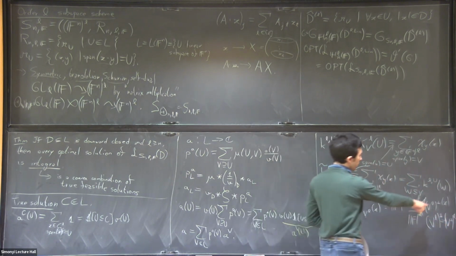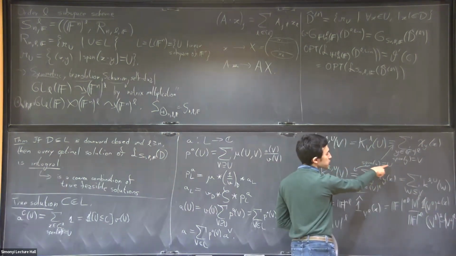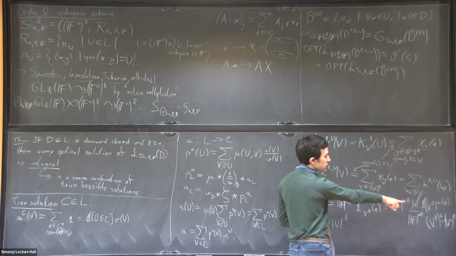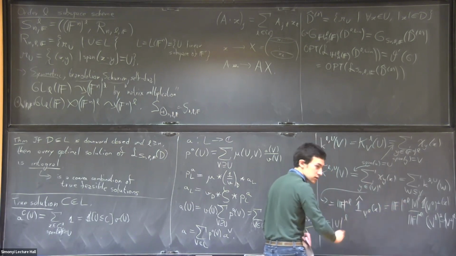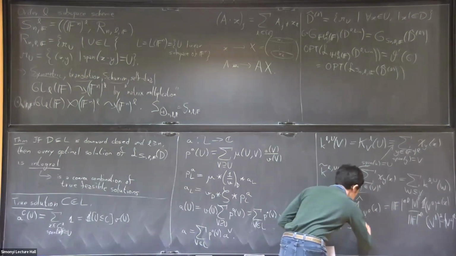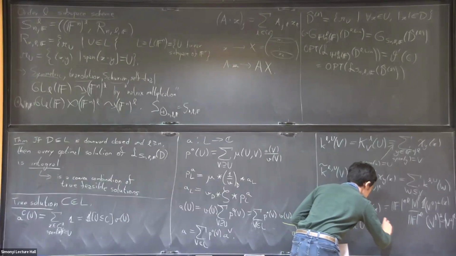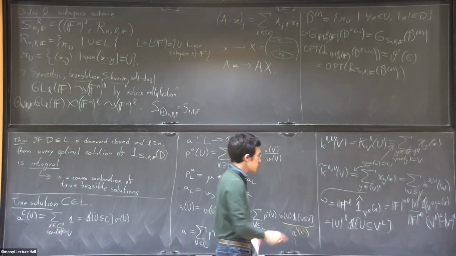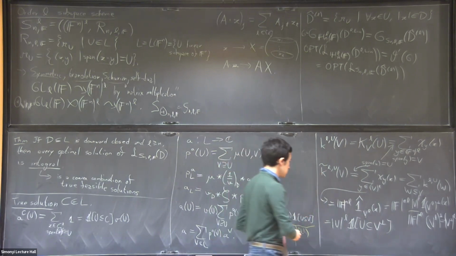And now if X has a span equal to U, then the only way that this is going to survive is if U is contained in V perp, right? Okay. So this is the formula for this tilde.